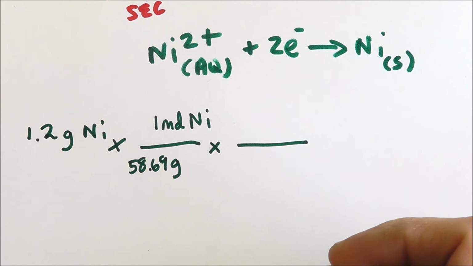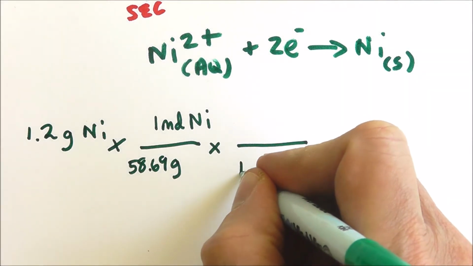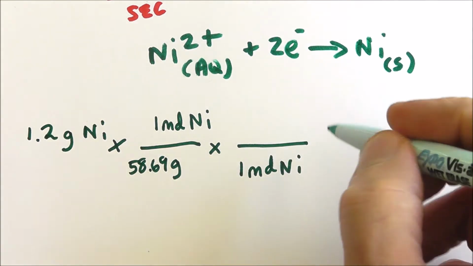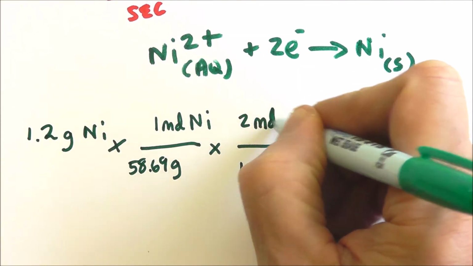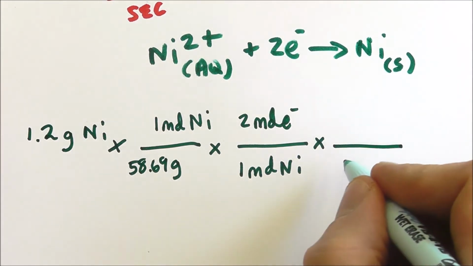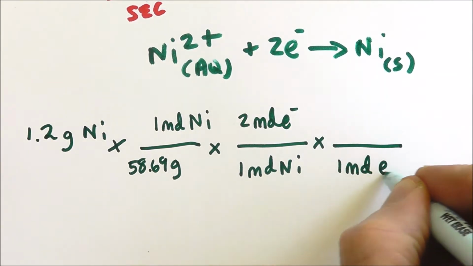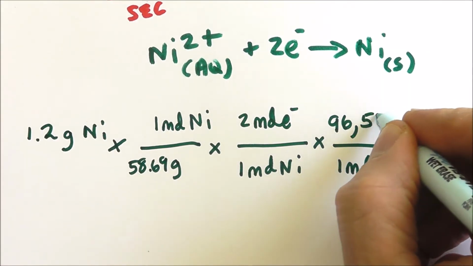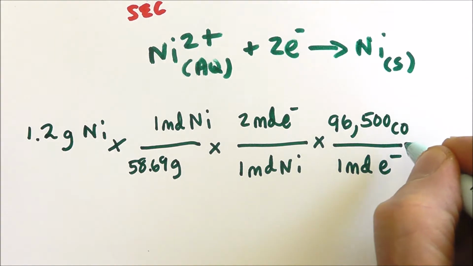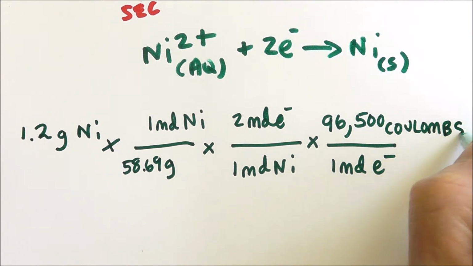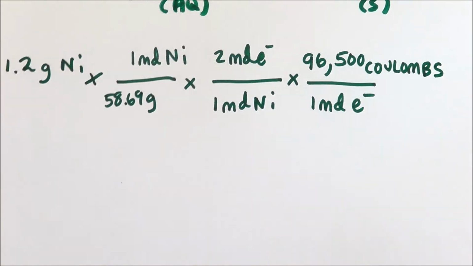All these are going to be different, but here's where they're going to be different. 1 mole of nickel from above, 2 moles of electrons. And then the last step, 1 mole of electrons is 96,500 coulombs, the Faraday constant. All right. Let's crank out a number for that.